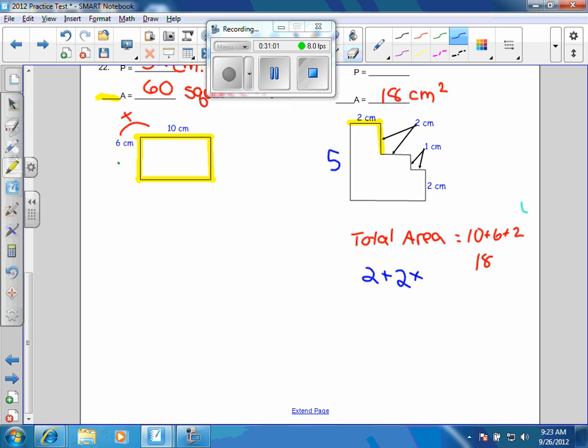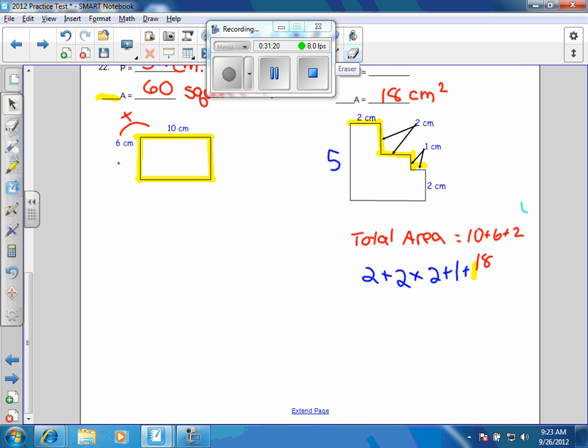Plus another 2 right there. Plus this 1. Plus another 1 for right here.